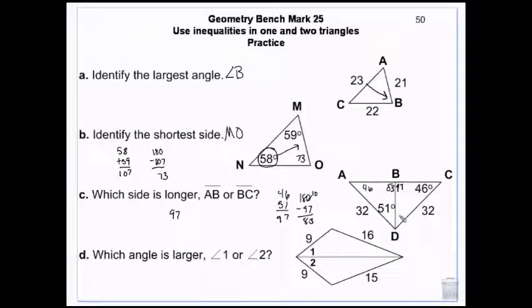Do you guys see that? So this is going to be less than 51, so AB is going to be longer. So I don't even actually have to figure that out. Does that make sense?